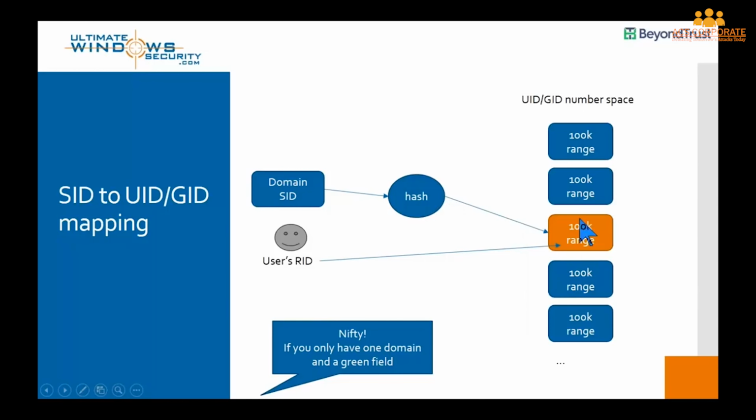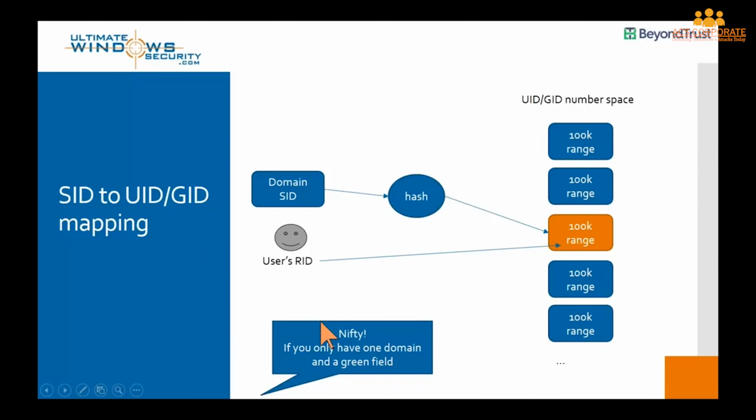Within that range, it takes the user's relative identifier, which is unique for a given domain. The idea is that different domain SIDs should typically hash to a different value and therefore index to a different 100K range within the overall UID number space.